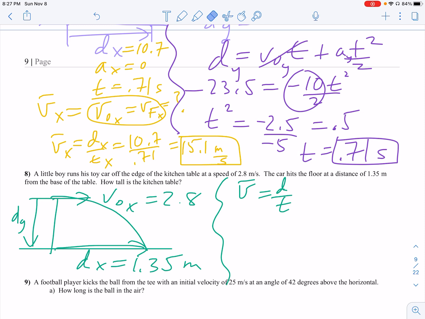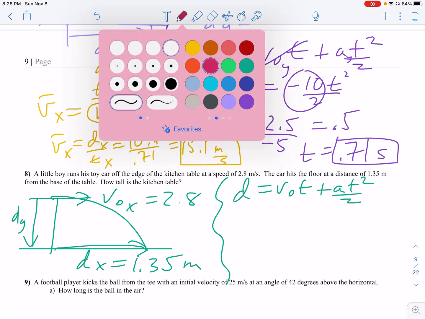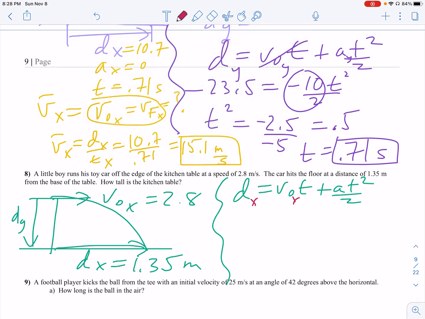Now if you don't want to use that equation, you can use D equals VOT plus AT squared over 2. AX, I'm using the x values. And you know AX is 0. So this whole thing's out of there. It's 0.